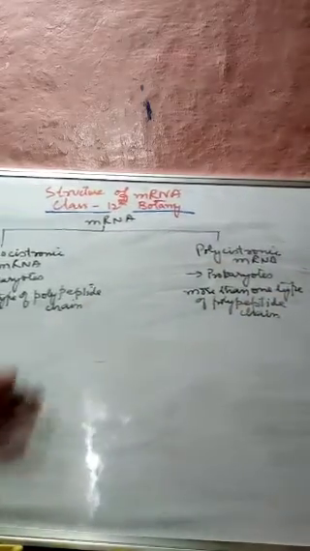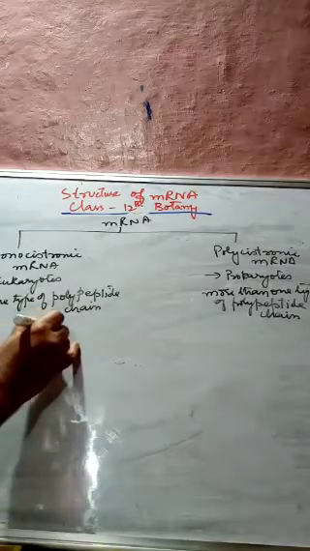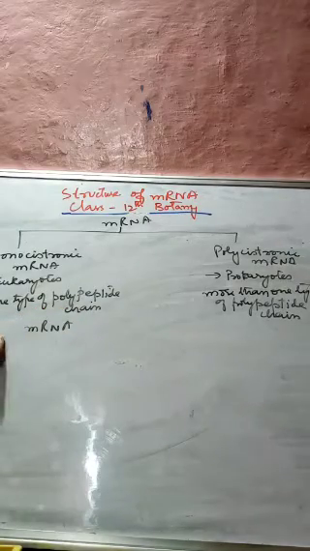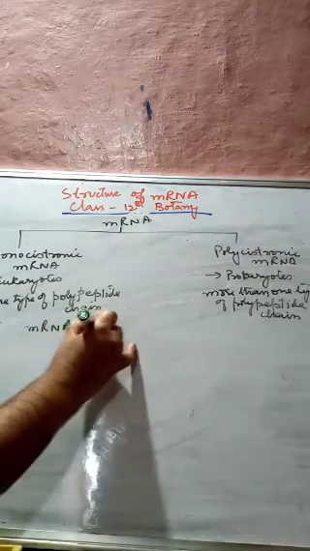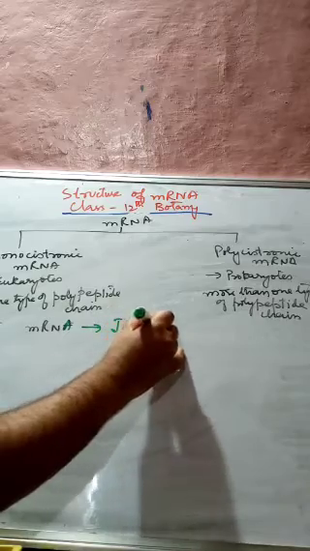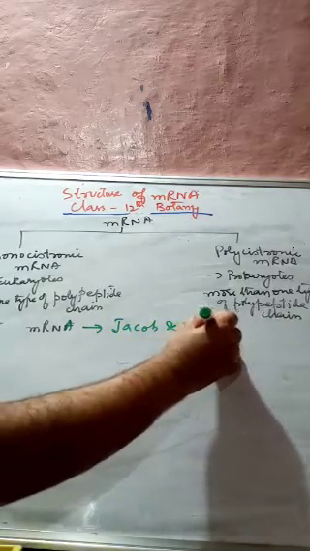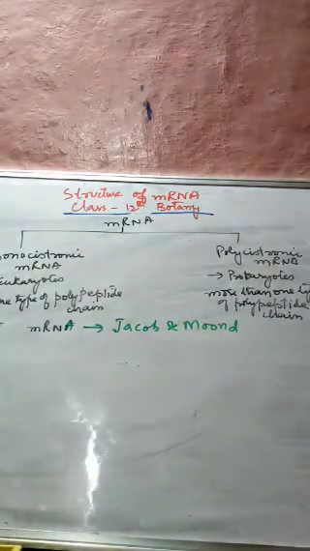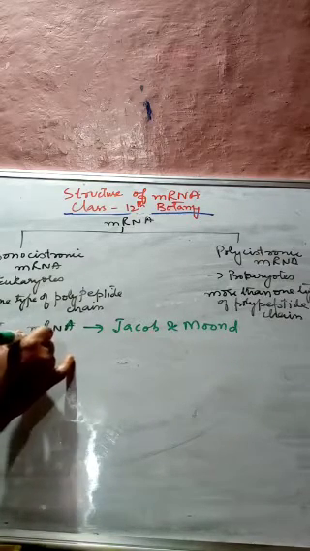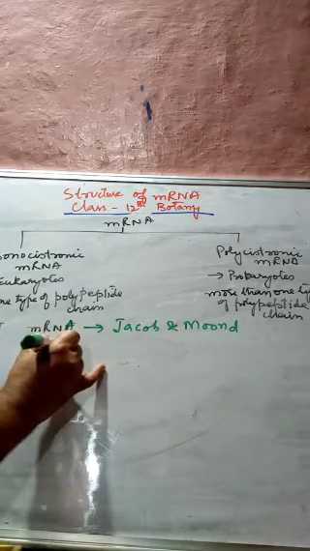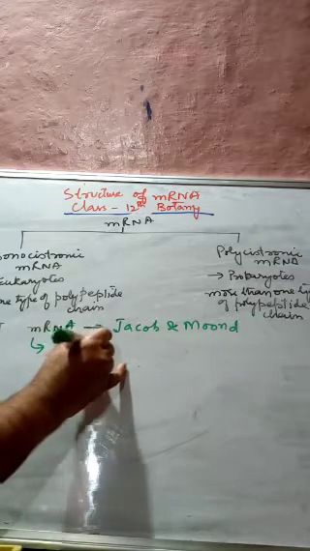Now the concept of mRNA was given by Jacob and Monod, in the year 1920 rather. Now we will see the characteristic features of this mRNA. It is short lived.